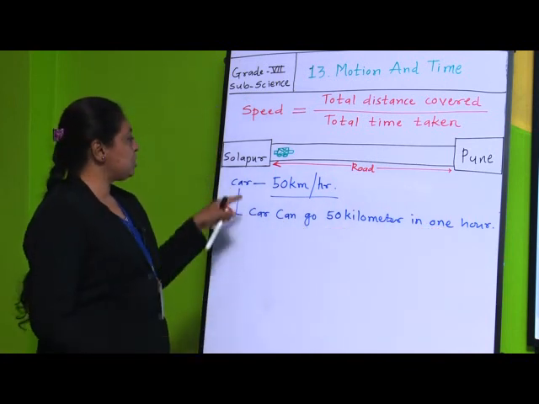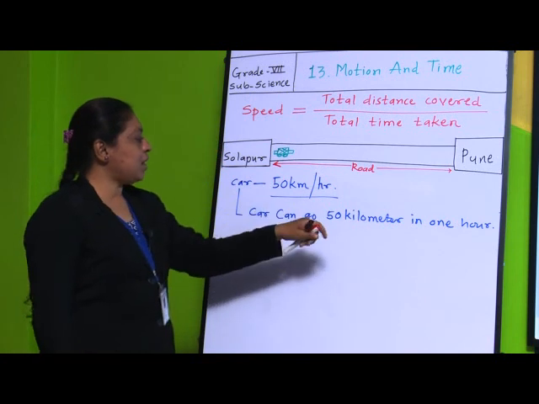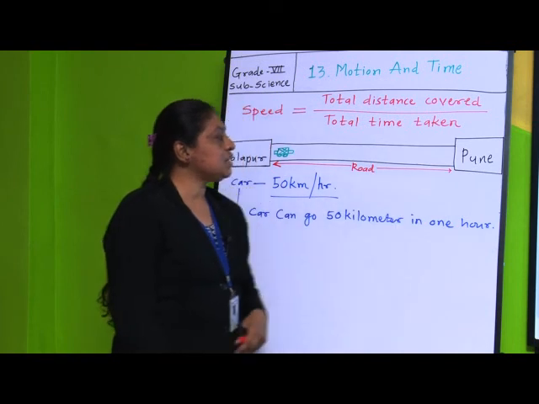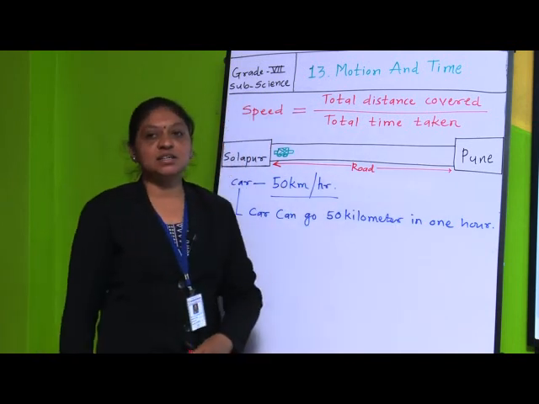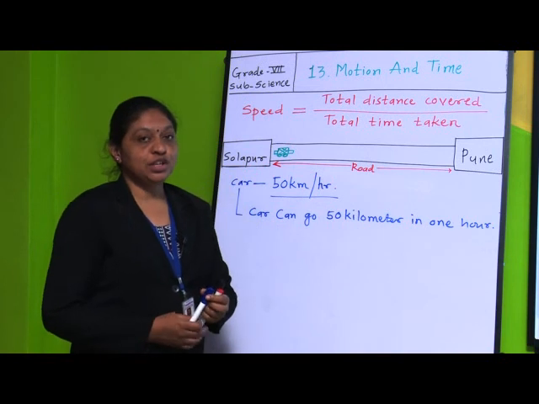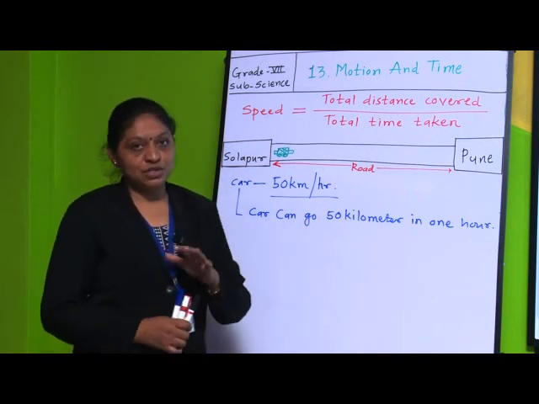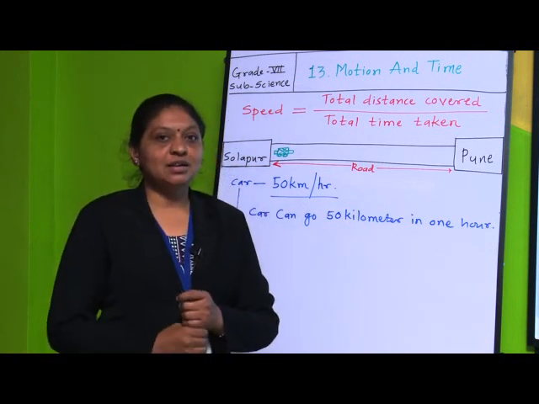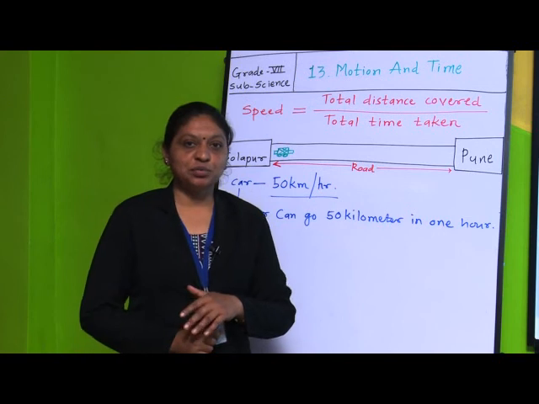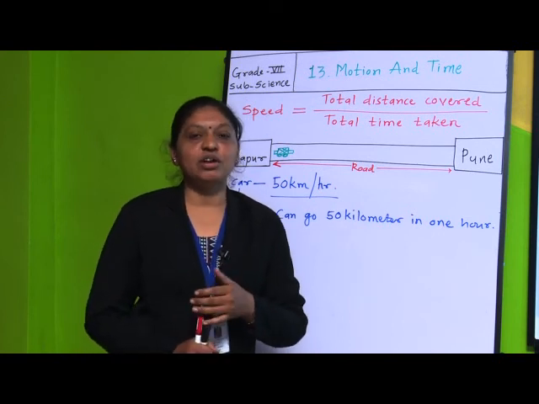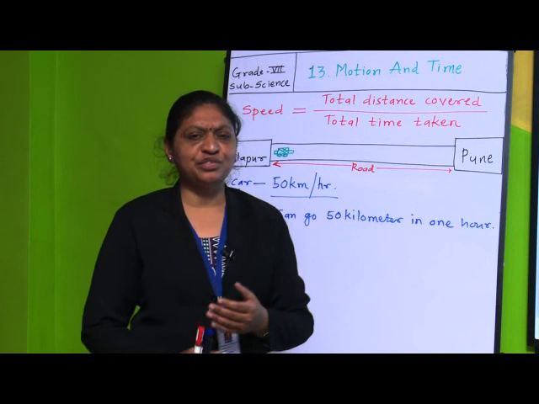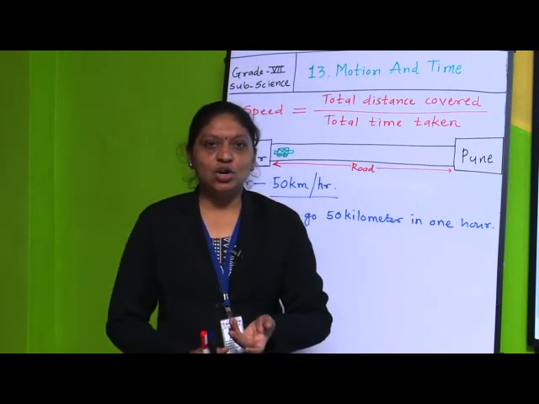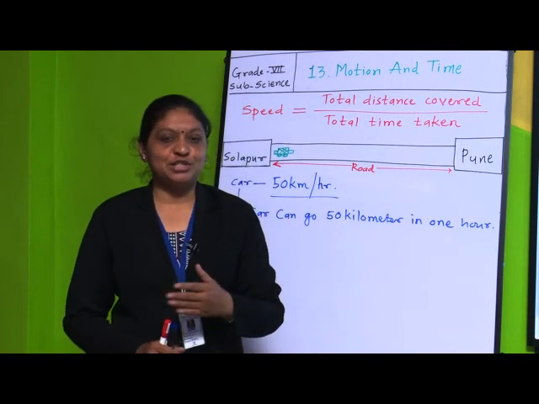Suppose the distance from Solapur to Pune takes 4 hours. We know whenever we go by bus or by car, if we start at 9 from Solapur, we can reach at 1 or 1:30 or 2. Sometimes because of traffic we reach in 4 hours or 4:30, or we can say 4.5 hours.